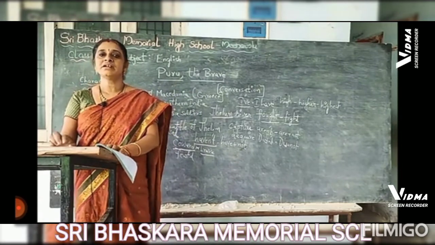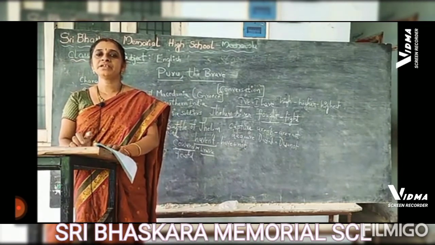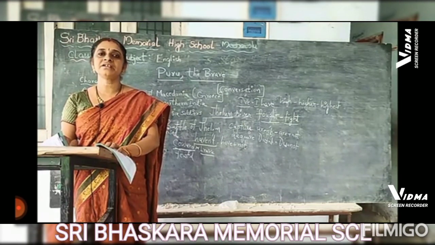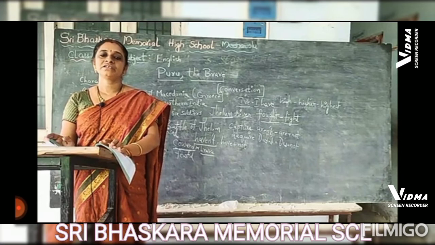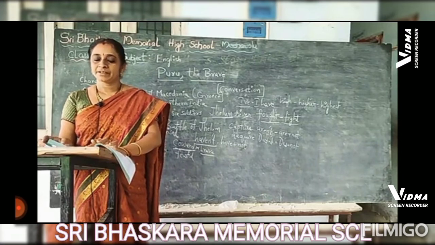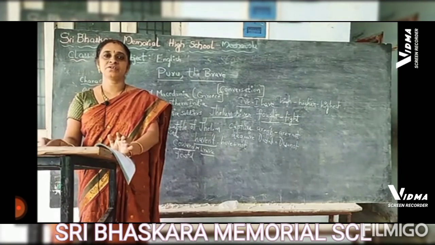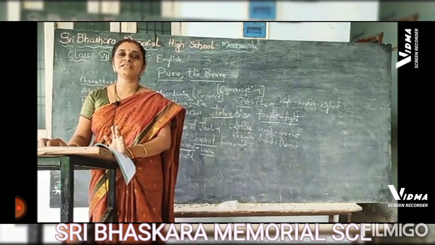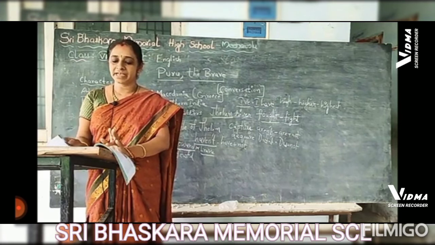Why? Because actually Puru was an enemy to Alexander. Even though he captured Puru, afterwards he made him a friend because of his bravery and greatness. Puru was a noble, good man.